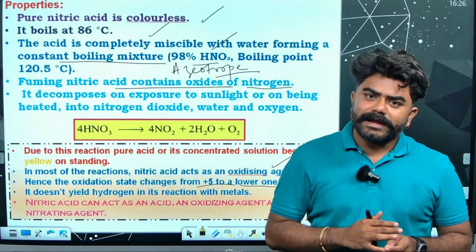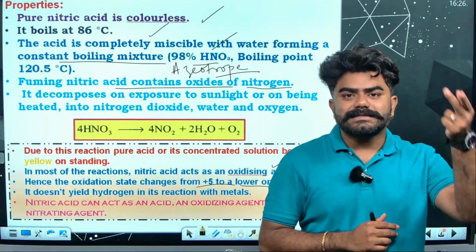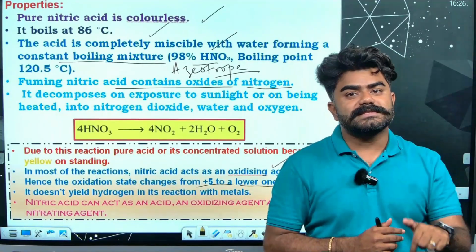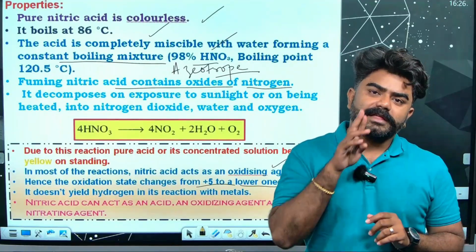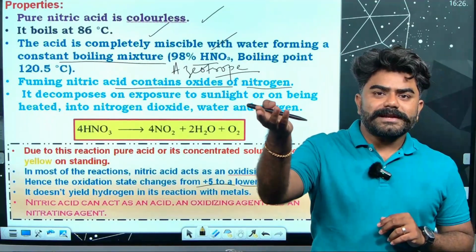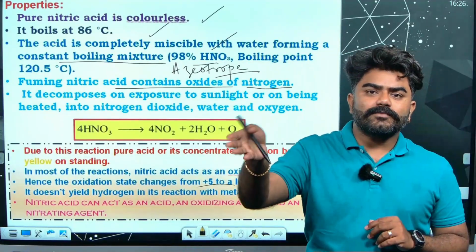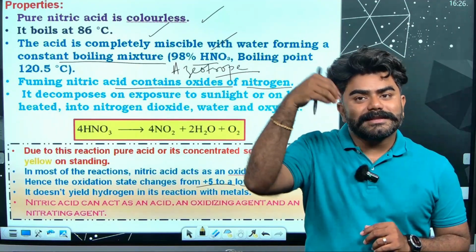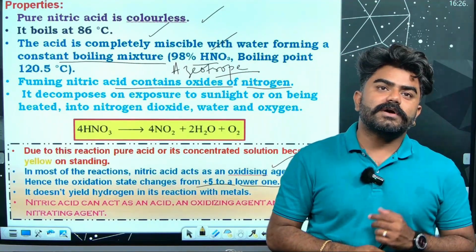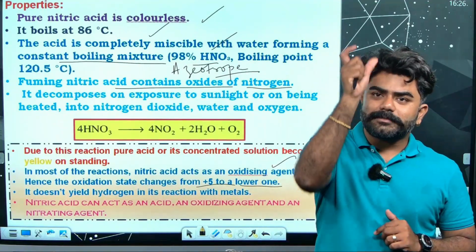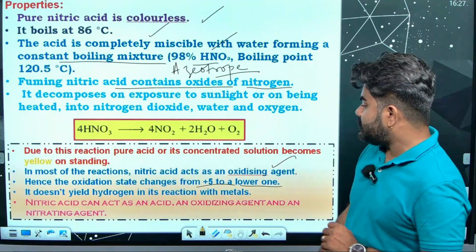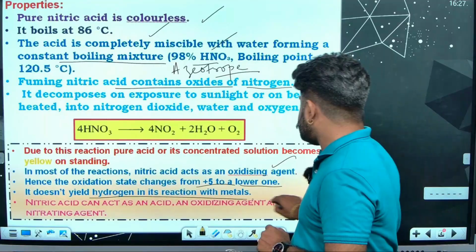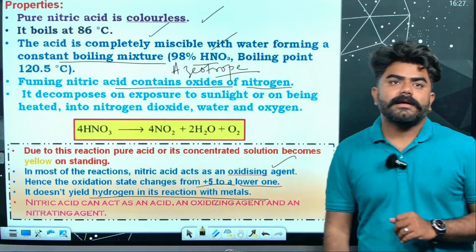So you know that an oxidizing agent will oxidize the substrate, but it will reduce itself. அதனால தான் நைட்ரிக் ஆசிடை வந்து ஆக்சிடைசிங் ஏஜென்ட்டு நம்ம சொல்கிறோம். அது என்ன பண்ணும்? நம்மளோட சப்ஸ்ட்ரேட்டை, அந்த நைட்ரிக் ஆசிடை எதில் ஆட் பண்ணுறோமோ அதை ஆக்சிடைஸ் பண்ணும், ஆனால் அந்த நைட்ரிக் ஆசிட் ரெடியூஸ் ஆகும். ஸோ அது ரெடியூஸ் ஆகும் போது தான் அதோட ஆக்சிடேஷன் ஸ்டேட் +5லேருந்து கீழே வருது. That is reduction.